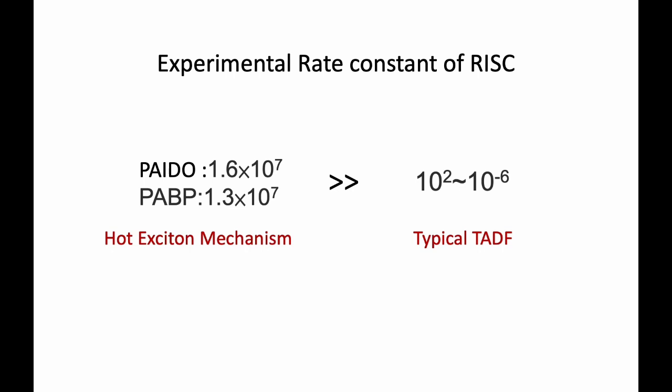As is seen in the results, the rate constants of PAIDO and PABP are by far larger than those of typical TADF materials. Such a result directly signifies a higher exciton utilization efficiency.